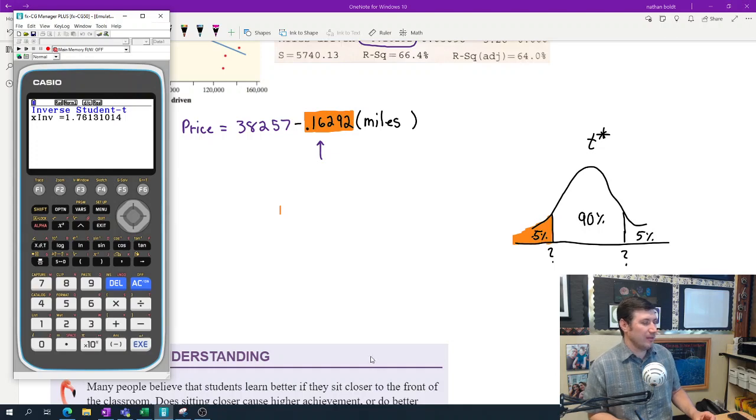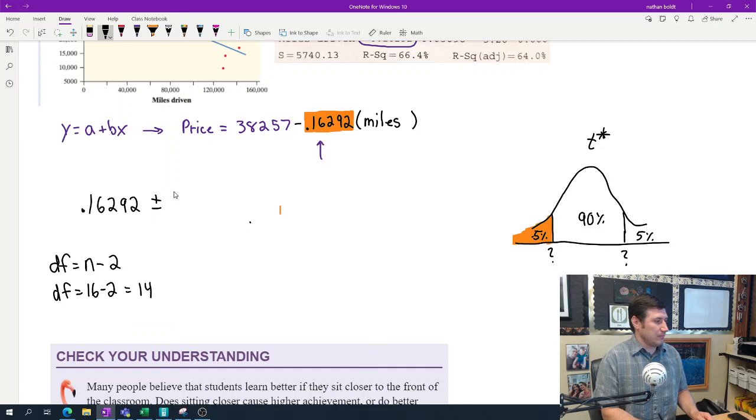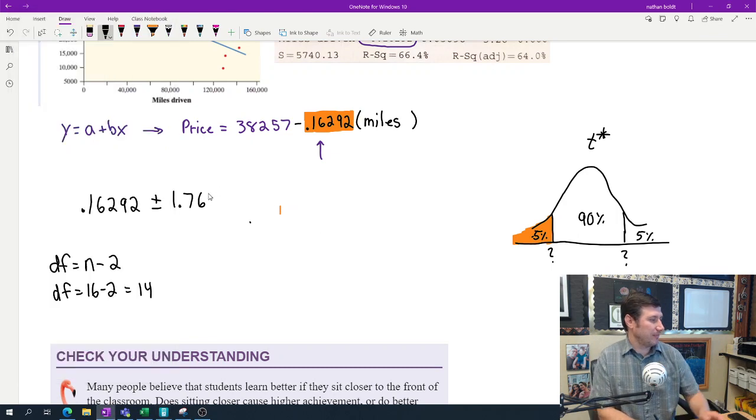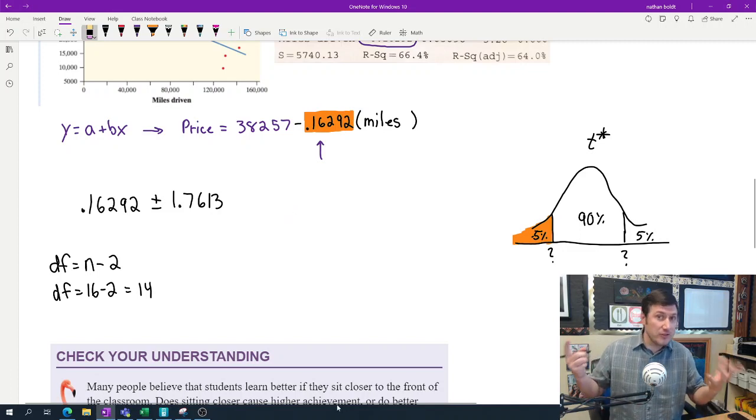All right, 1.76. Maybe throw some more decimals in there, huh? 1.7613. That's how many standard errors, standard deviations essentially, we have to go out to capture the true slope 90% of the time.